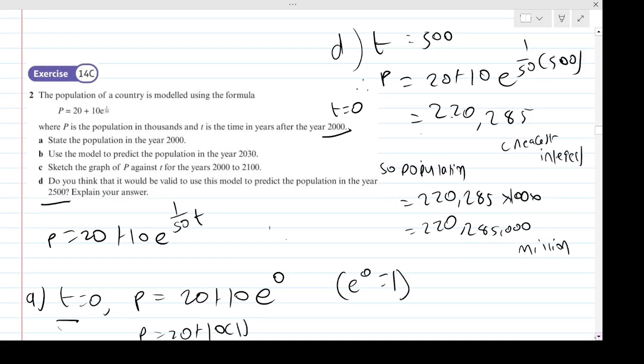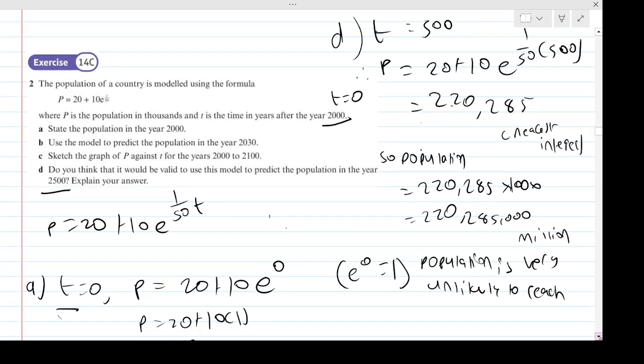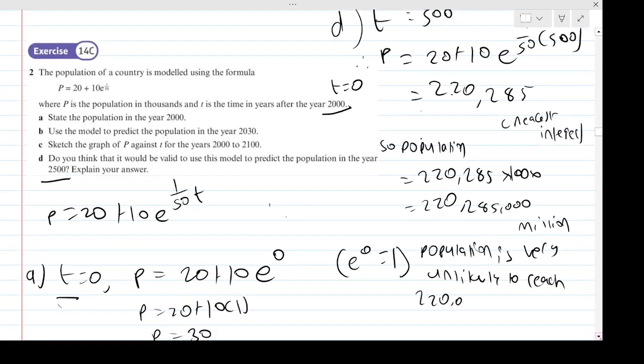So population is very unlikely to reach 220 million in a space of 500 years.